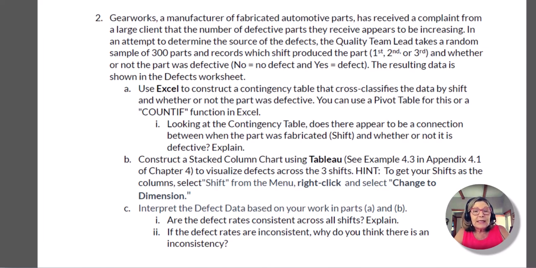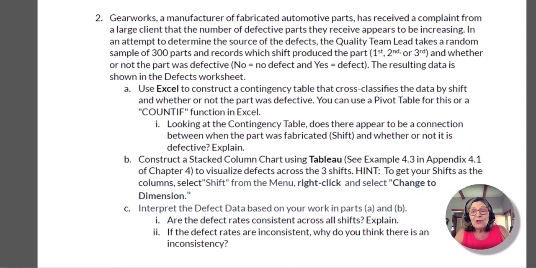Then using the same data set, I want you to construct a stacked column chart, and for that I want you to use Tableau. You'll see that I've given you a reference in your book. So for instance, a stacked column chart in Tableau can be found in example 4.3 in appendix 4.1, and that will help you construct the chart.